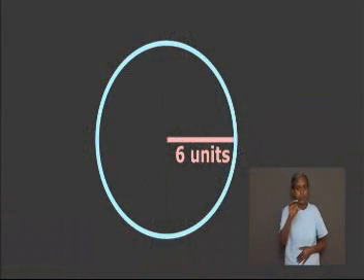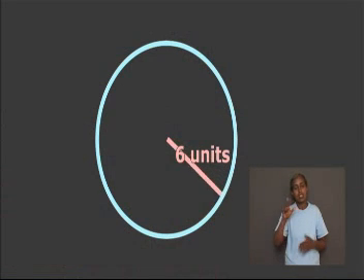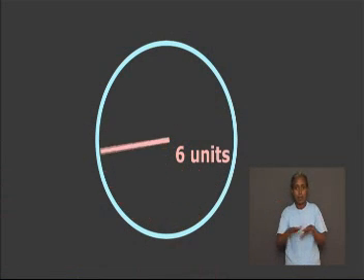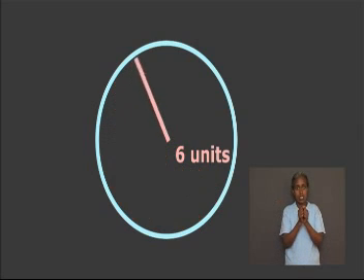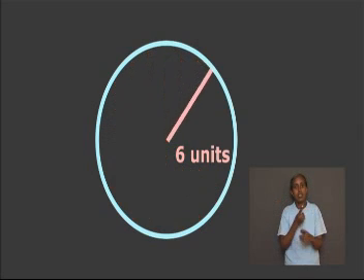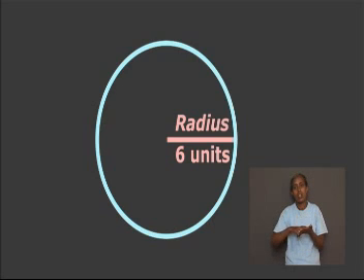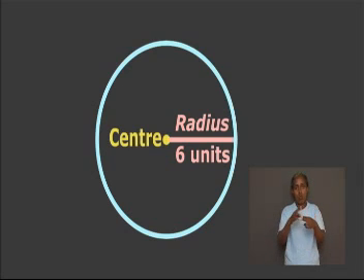What about a circle? A circle is the locus of a point that moves in a plane with a fixed distance from a fixed point. The fixed distance is called the radius of the circle, and the fixed point is called the center of the circle.